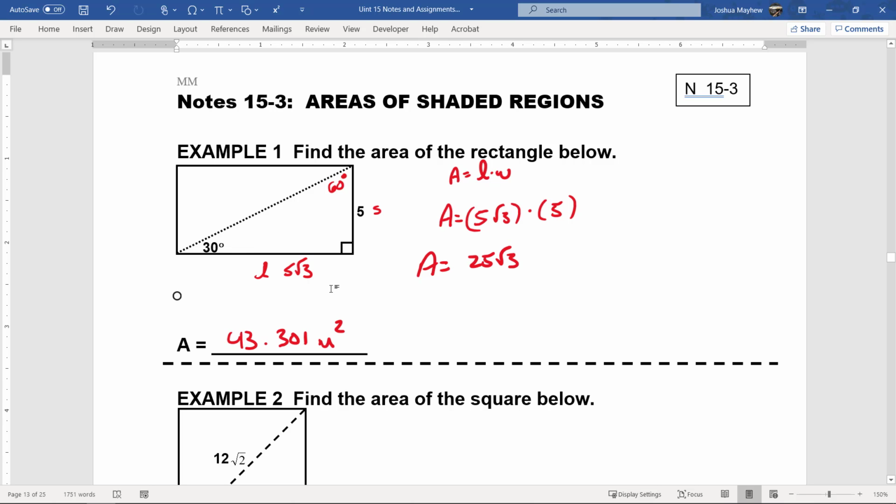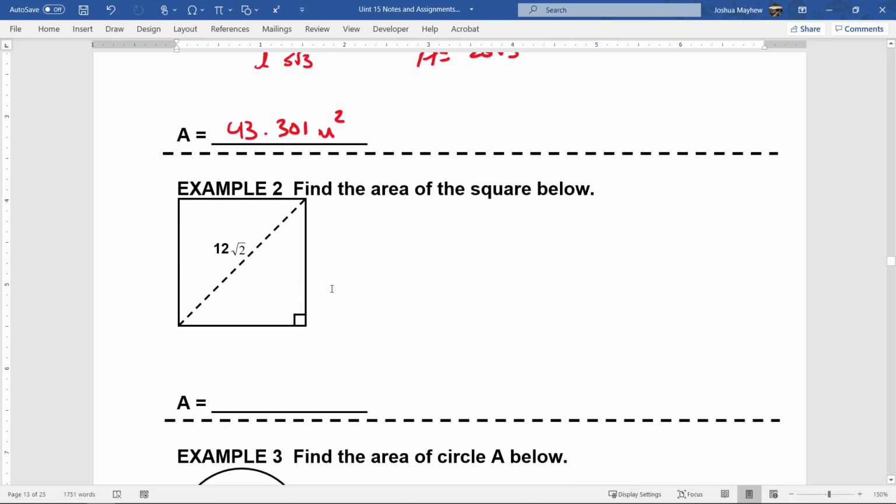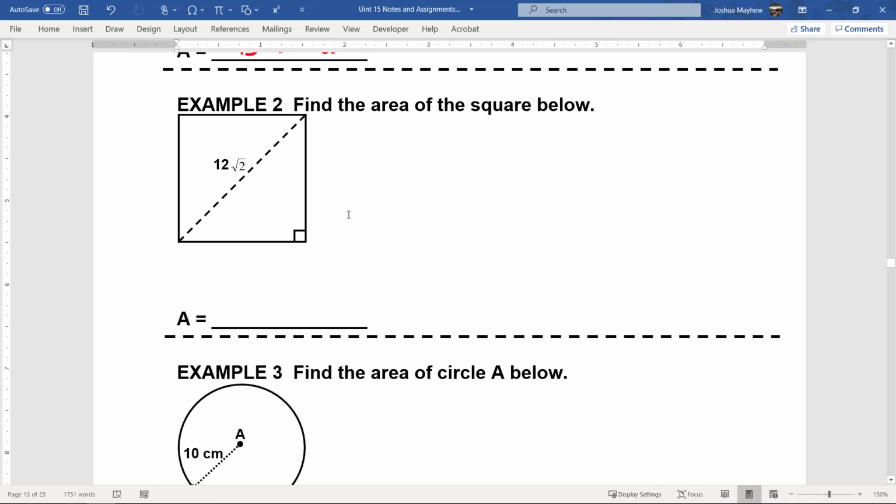Hopefully you remember in your special right triangles, you've probably noticed they come up multiple times. All right, let's look at number 2. Number 2 says find the area of the square below. Well, area of a square is side squared, so we need to know the dimensions of the square. Well, we're given the diagonal. Since it is a square, since those sides are equal, it is an isosceles right triangle.